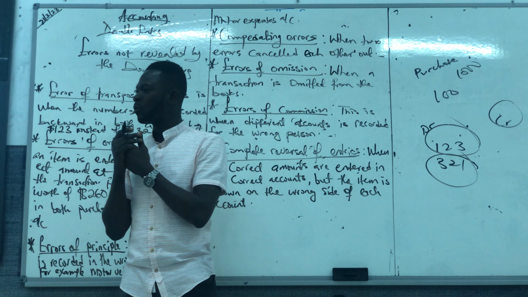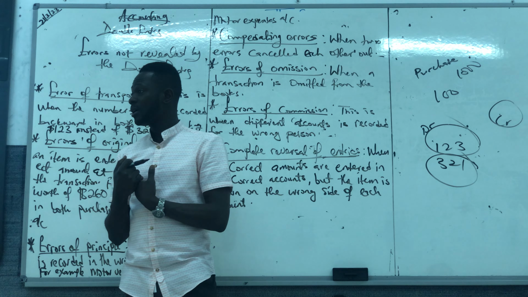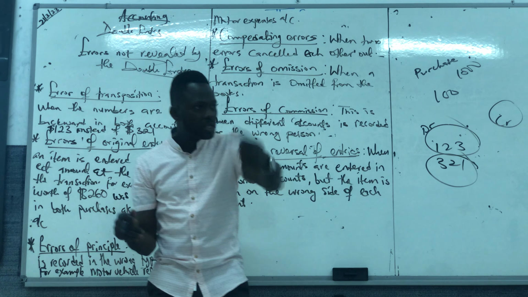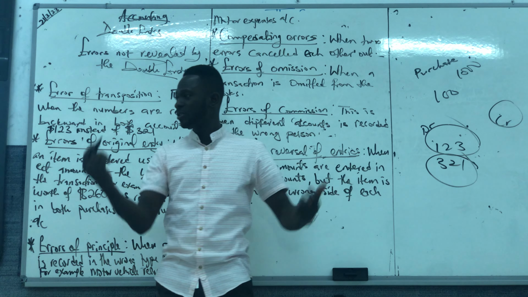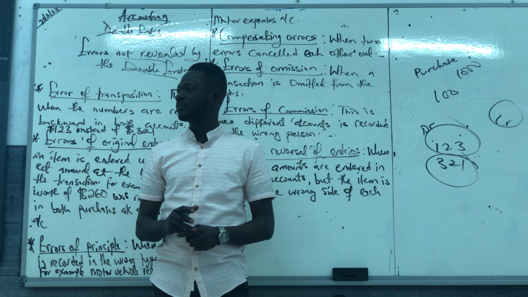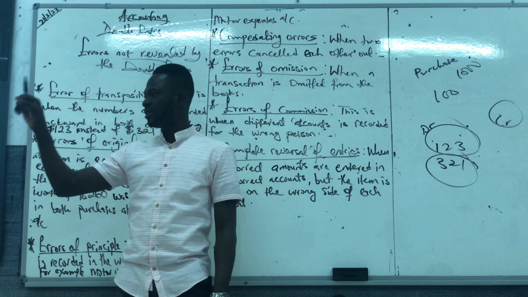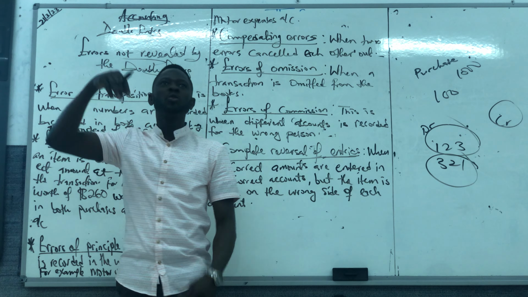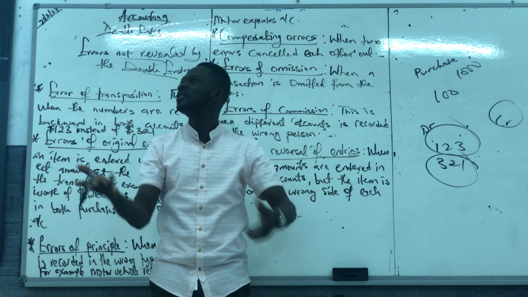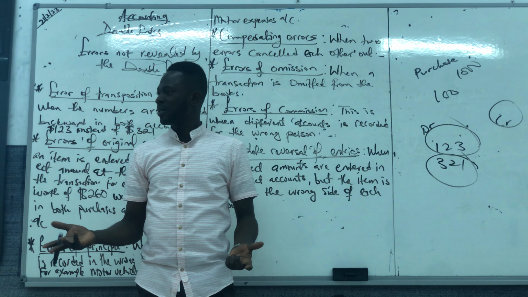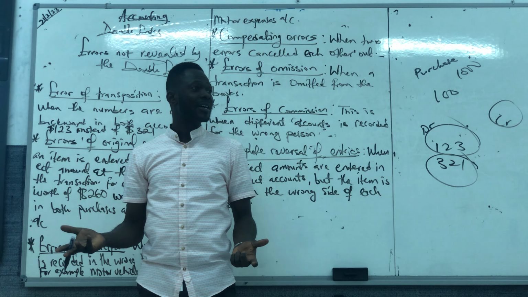You recorded 100 instead of 1,000 at the initial stage, so you continue with that same figure all through. This error is not going to be clear, you won't see it.